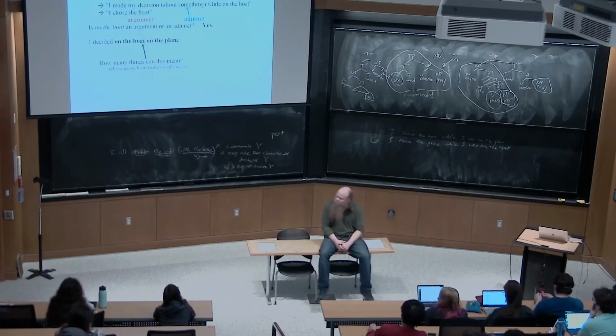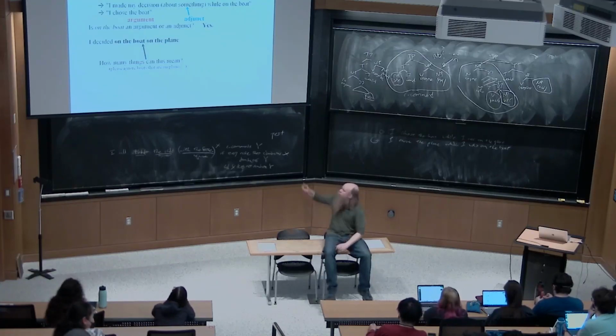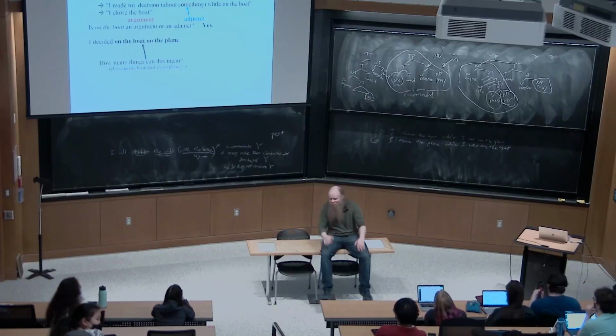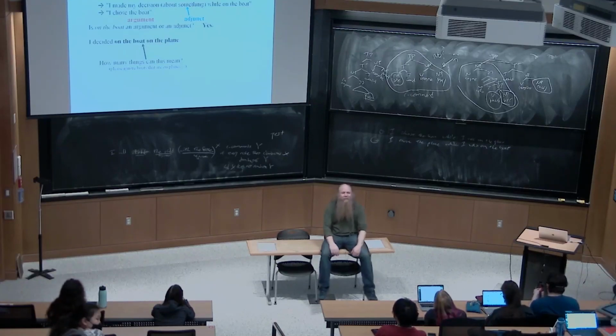I just got lost. Yeah, me too. So yeah, stick to these prepositions. That sentence, we're trying to figure out what that sentence can mean. What can that sentence mean? I think the first one would be more reasonable in the sense that, I know you told us not to replace anything, but if you do try to replace on the boat with another adjunct, like the building, it would be a little weird.